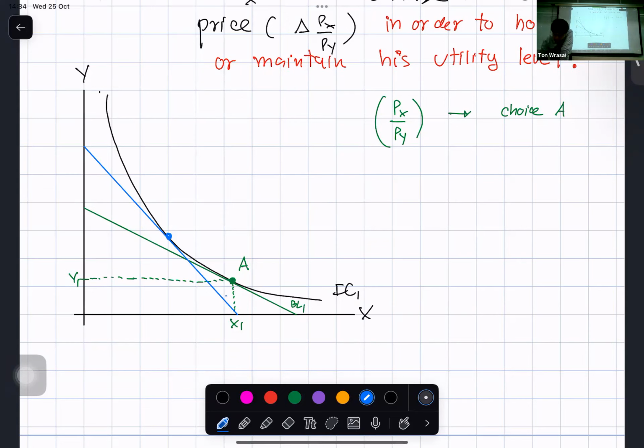Let's call this blue one BL2. And the new choice that he selects, he wants to optimize, he selects basket B, X2 and Y2.